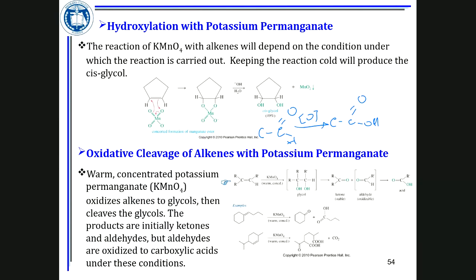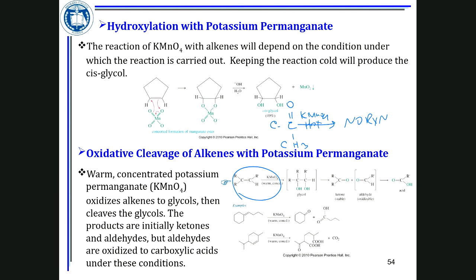If your product is ketone, and this is the product of oxidative cleavage of the permanganate, okay? If the product is ketone, it is not going to oxidize further. So if you have ketone and you add permanganate, there's going to be no reaction, even if it's hot, even if you heat it up.